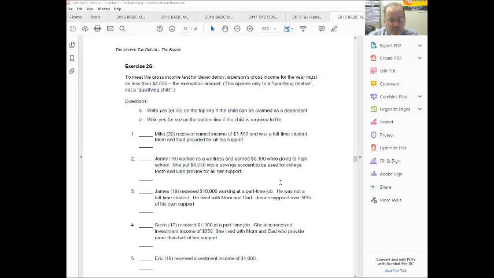Okay, so this one, because Jenny is in school and age 16, she's a dependent on mom and dad's. So write yes or no on the top line if the child can be claimed as a dependent. The answer is yes. Write yes or no on the bottom line if the child is required to file. On the 2A one, she would be required to file. Let me back up here, because this is kind of a gray area.